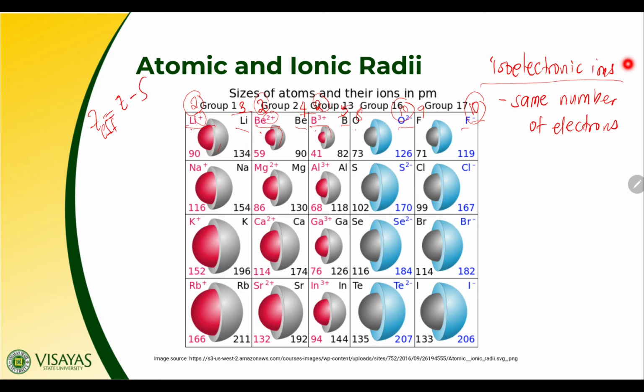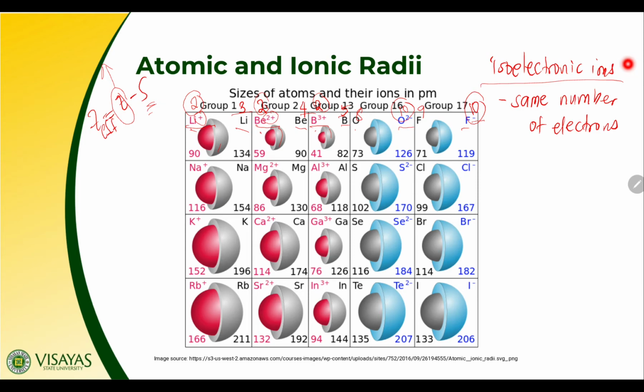So as we move from left to right, our value of Z increases. The shielding, on the other hand, decreases because we are removing electrons to form these ions. From lithium to boron, the shielding decreases because there are now fewer electrons.